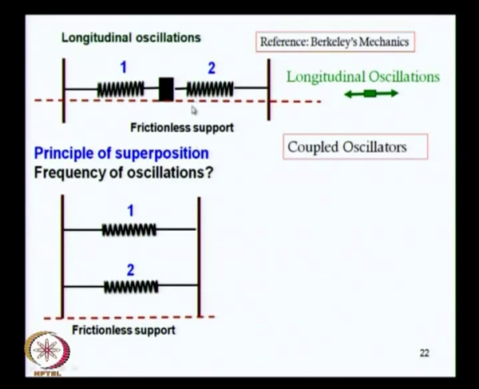In both these pictures there is one thing which is common: if you displace this to the left, spring 1 will push this mass back to the right, and spring 2 will also pull it toward the right. So, the forces of the two springs will be in the same direction, although in one case it is push and in the other case it is pull, and it is also the same in this configuration. So, the effect of the two springs will be supportive of each other.